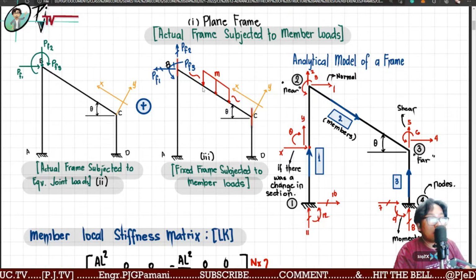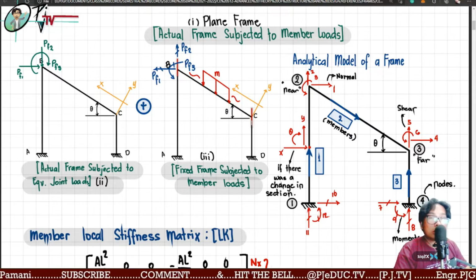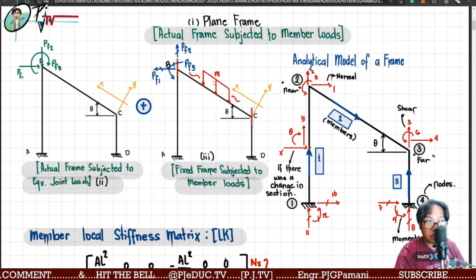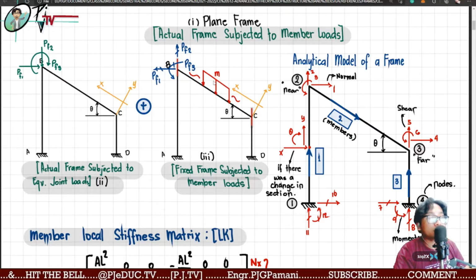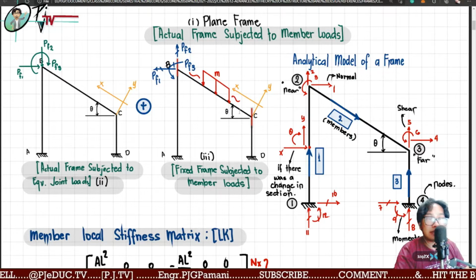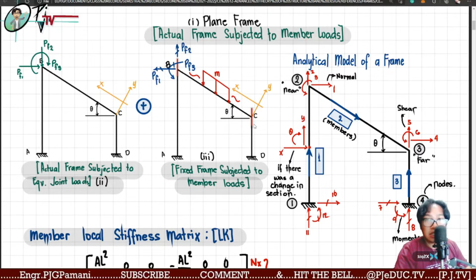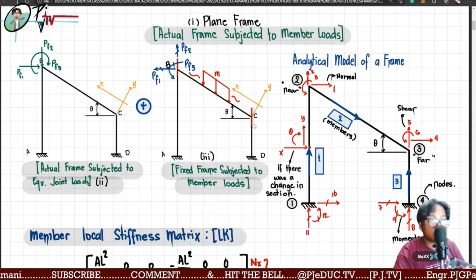So, for example, our member, point B to point C, is subjected to a member load such as member load M. Analyze this member separately, assuming that point B and point C are fixed supports.